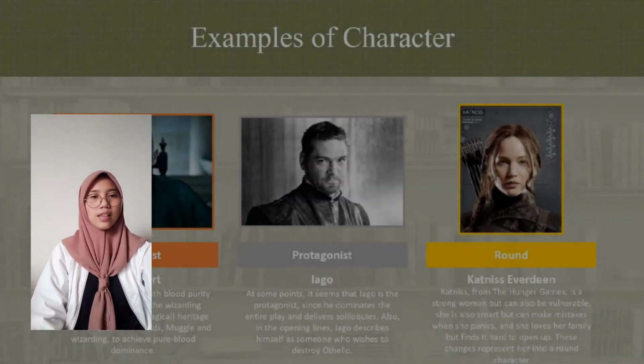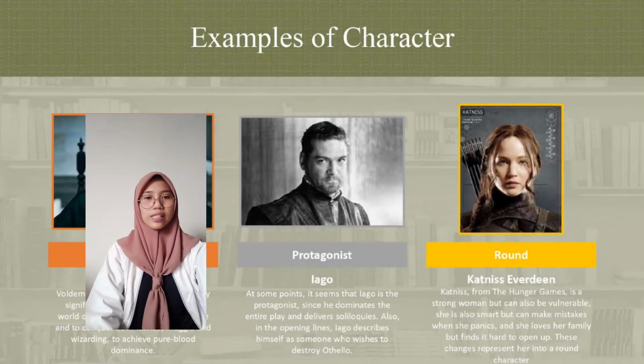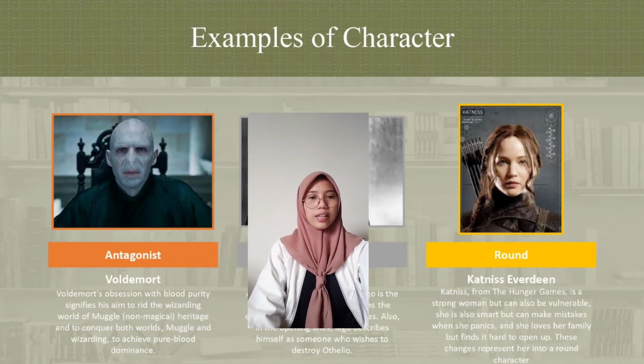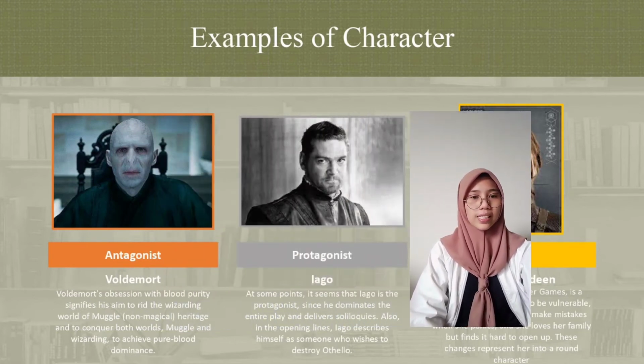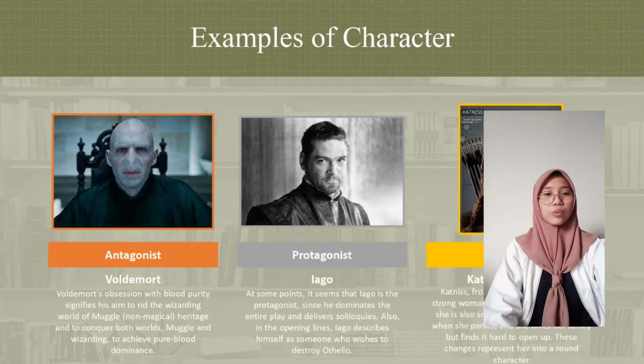Next, the examples of character. Okay, first, antagonist. Here, as an example of an antagonist, we can see Voldemort. Voldemort's obsession with blood purity signifies his aim to rid the wizarding world of non-magical heritage and conquer both worlds, magic and non-magic, to achieve pure blood dominance.